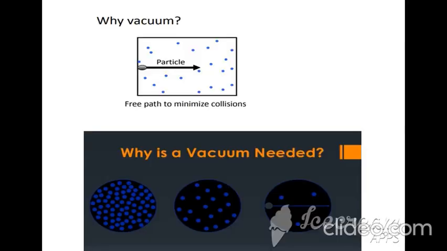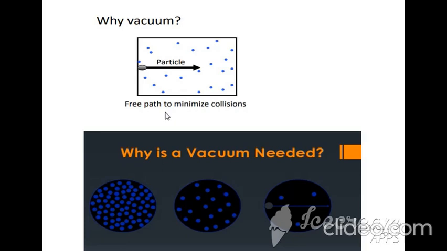The next is why vacuum. To understand the concept of vacuum, you can observe in both diagrams that the blue circles indicate gas particles, and the arrows indicate the free path. If gas is present in the enclosed area, the gas particles will collide with each other, so the free path will not be available.